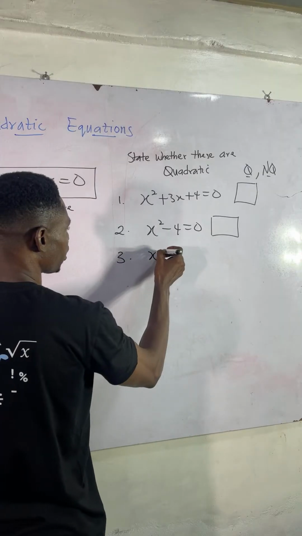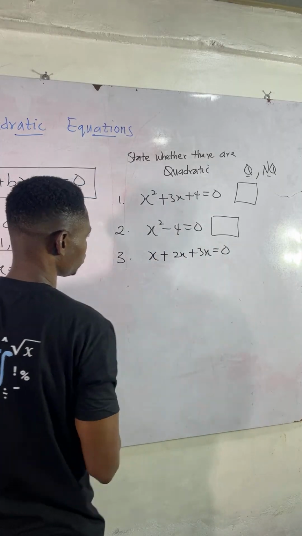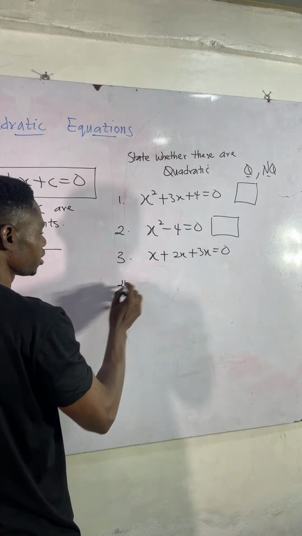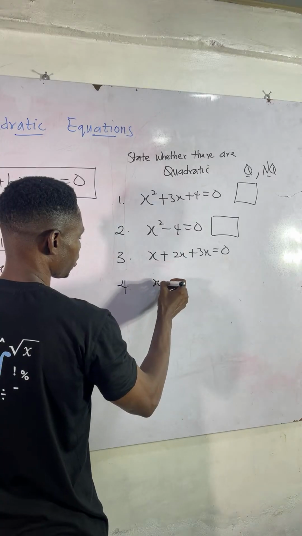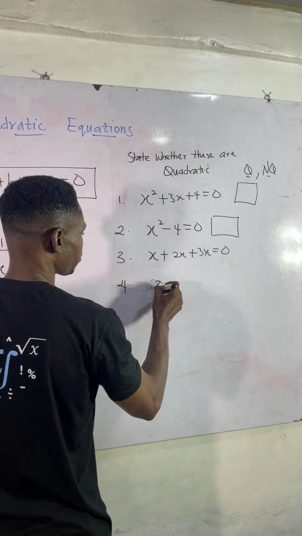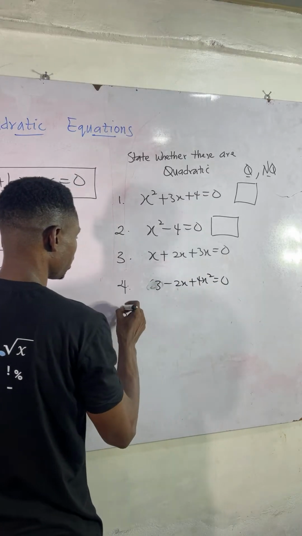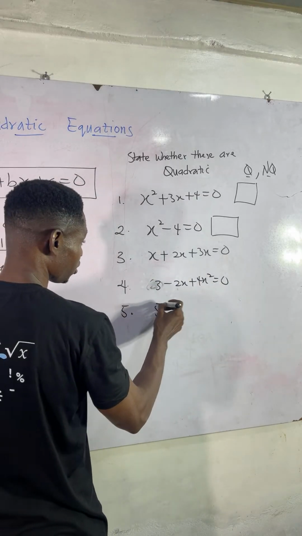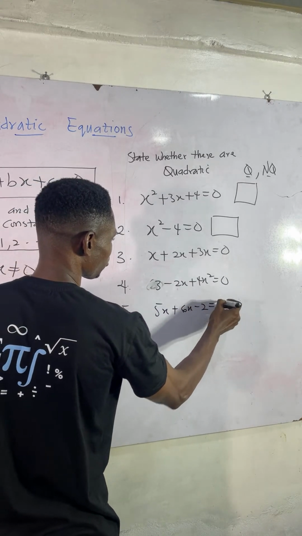3, we have x plus 2x plus 3x equal 0. 4, we have 3 minus 2x plus 4x squared equals 0. And the last one, 5x plus 6x minus 2 equal 0.